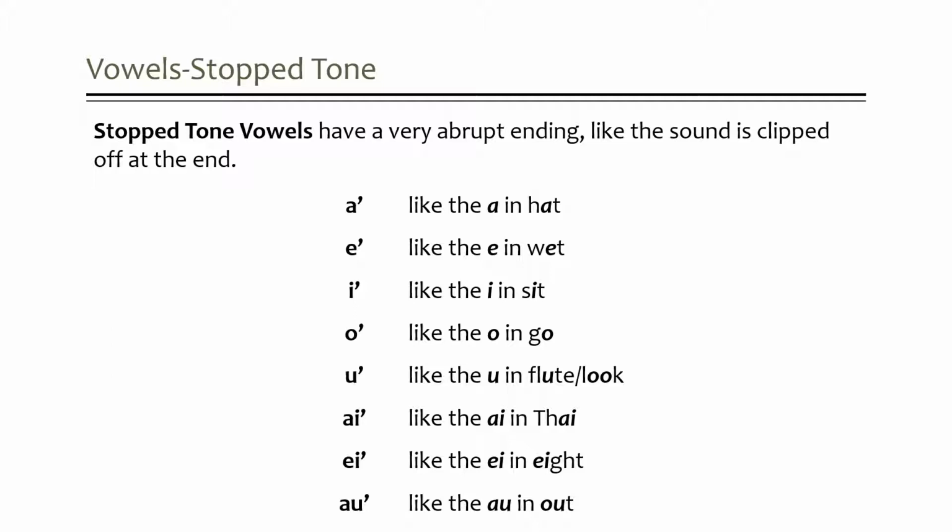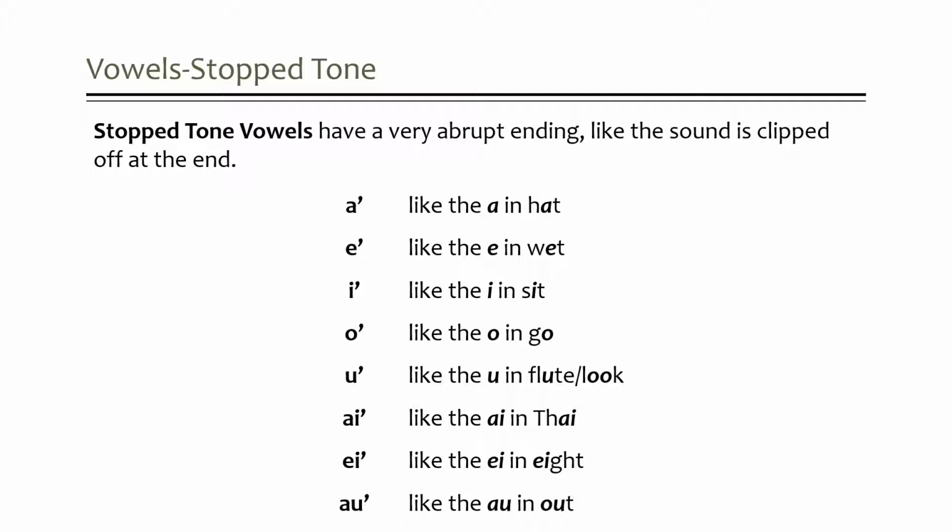Our next one is like the letters AI in the word tie. Next, like the EI sound in the word eight. And lastly, like the AU sound in the word out.